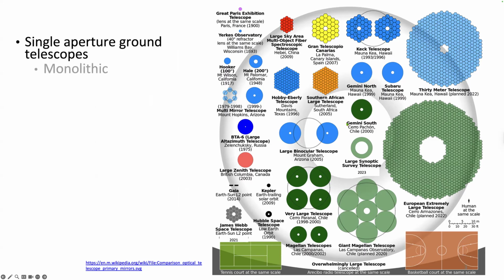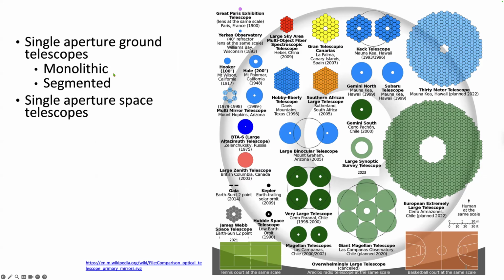So you have either monolithic, that is these kinds of single piece of glass forming the mirror, or segmented mirrors. And even in space, the Hubble Space Telescope, which is somewhere, here it is. These are all to scale, by the way. So there's the Hubble, 2.4 meters.